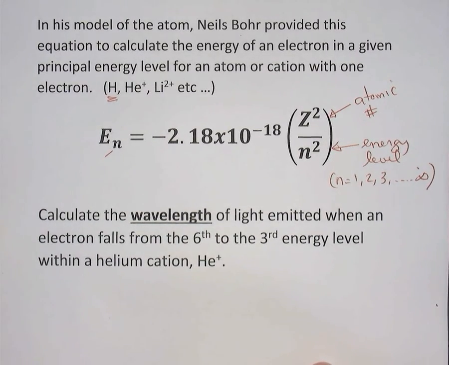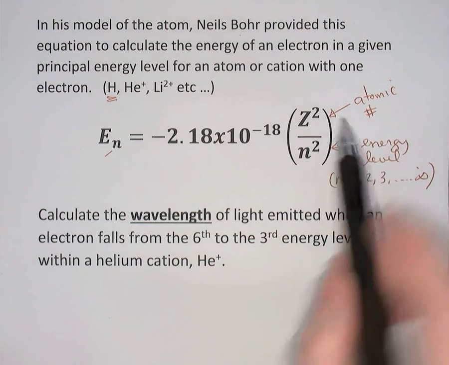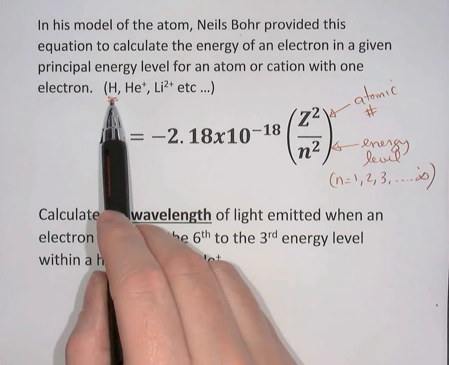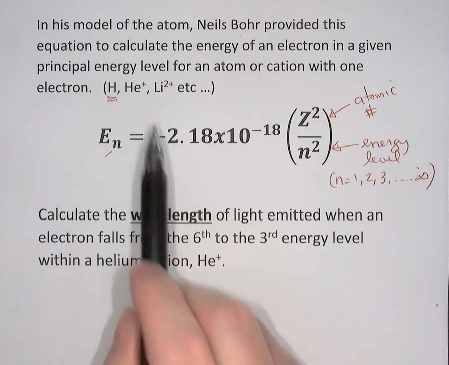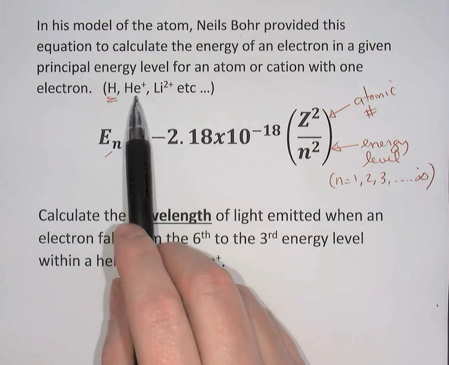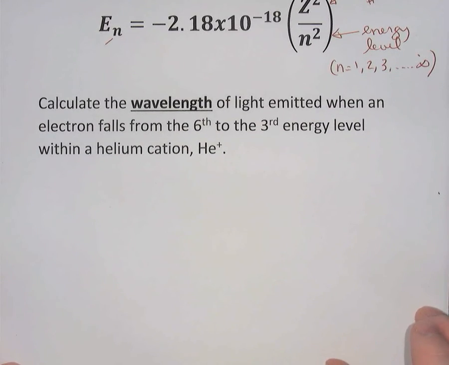Lithium 2 positive would also work with this equation. So the atomic number is usually going to be a 1, because we're usually going to talk about hydrogen, but it can also refer to a helium cation or a lithium cation, in which case Z would be a 2, a 3, etc. So let's jump in and use the equation.